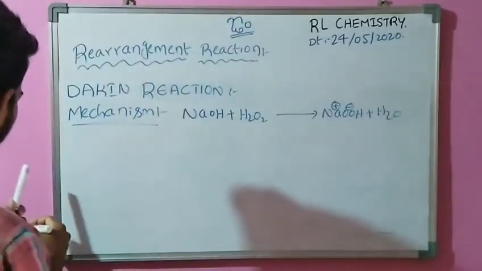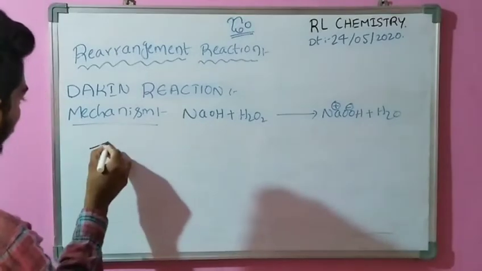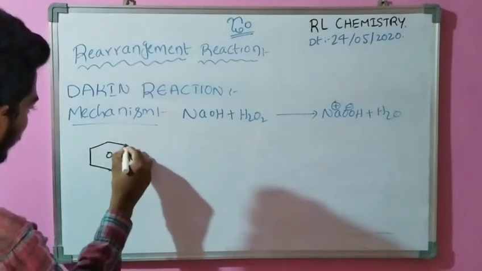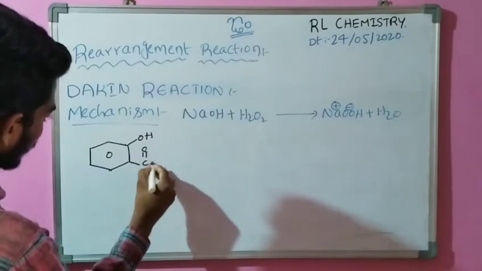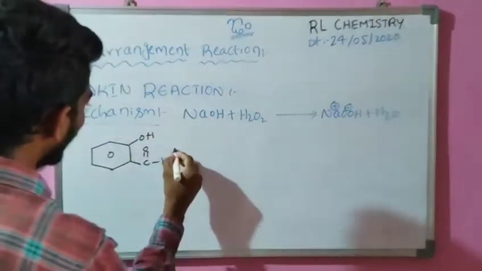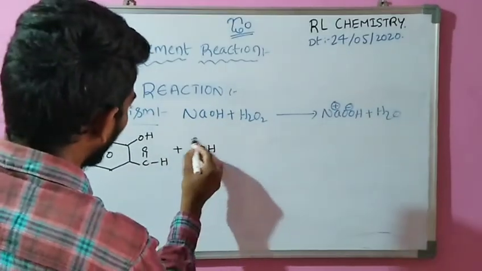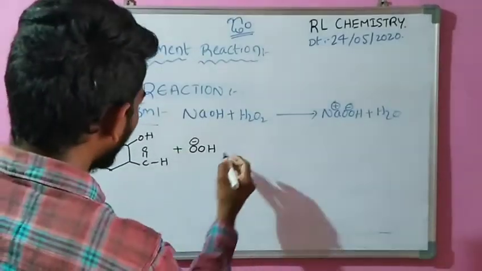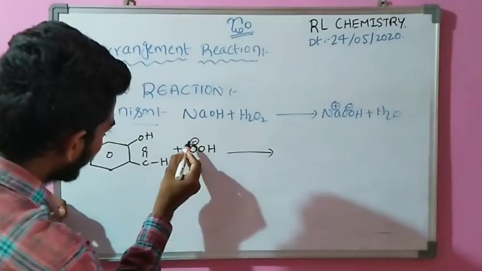Okay, here in this mechanism, initially you take the aldehyde group, which is treated with the hydroxide group, hydrogen peroxide group. Then it forms this type of intermediate.